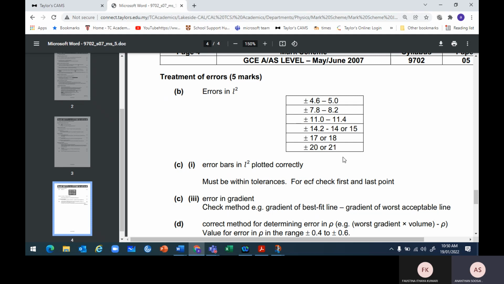You must draw the best fit line, and as usual, the worst fit line, you must draw the greatest gradient within the error bar. It must cut all the error bars. If we label our lines like this, would they know the top one is the best and the bottom one is the worst? Put an arrow pointing at that.